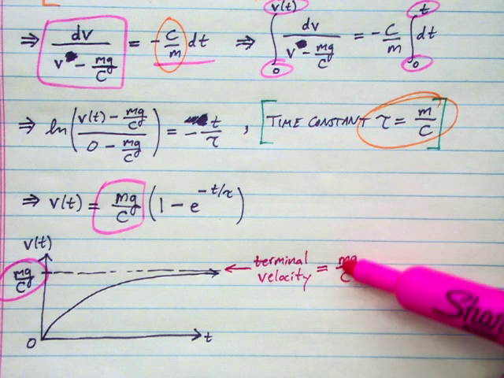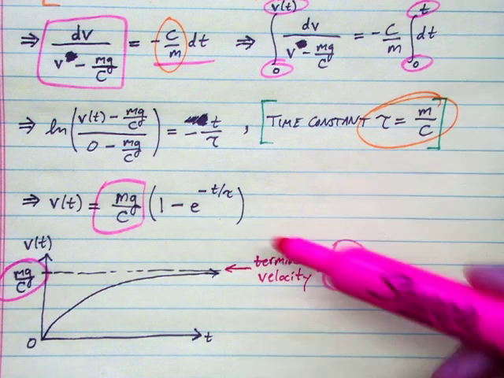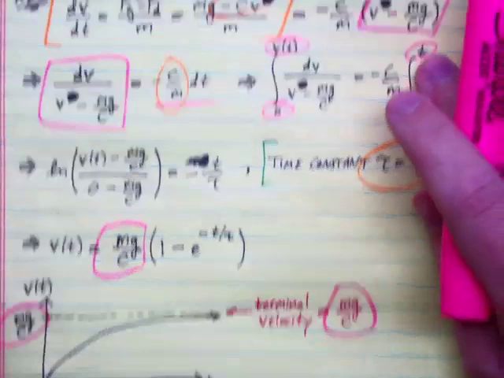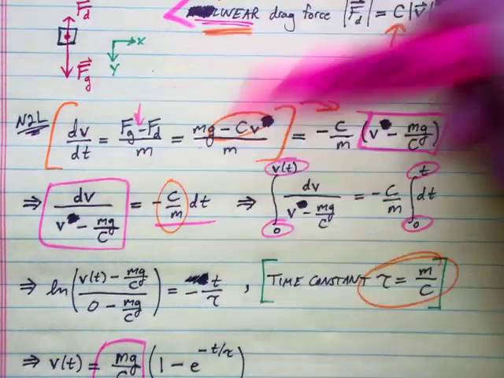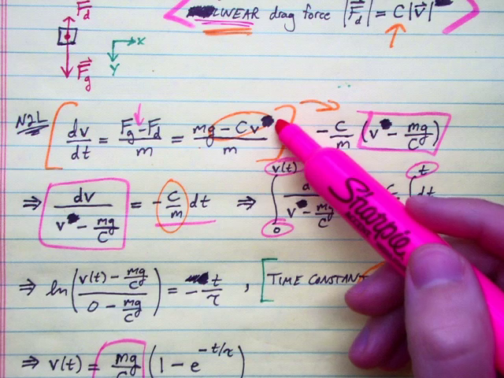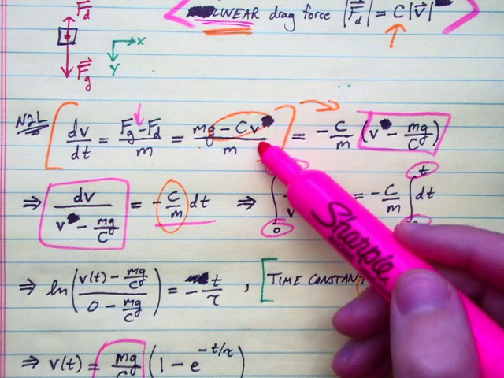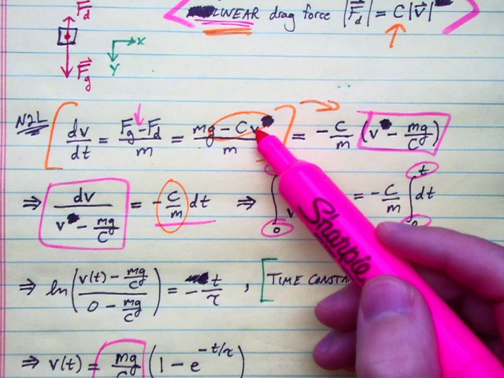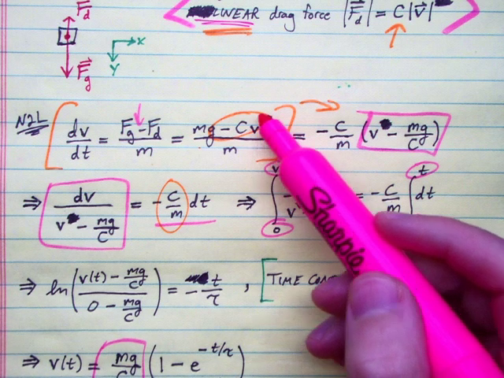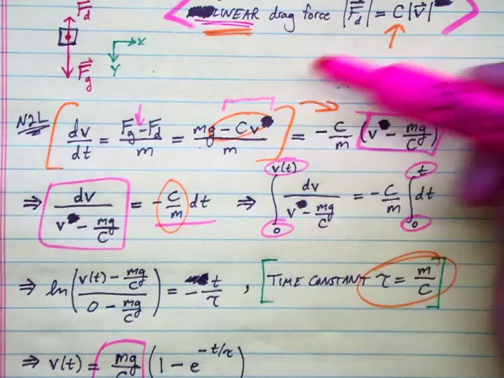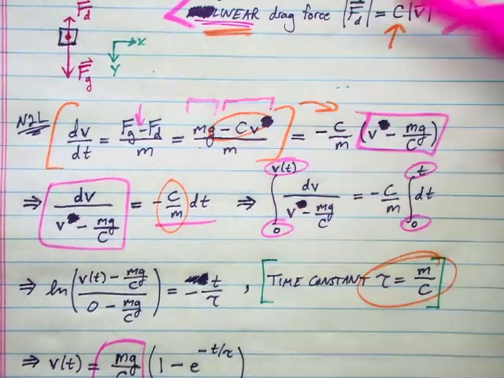But we could have predicted that this would be our terminal velocity without actually solving the differential equation. We could have gone all the way back here just to N2L and looked here. We can tell that as we're falling, v is getting bigger and bigger. So there'll be a point at which cv becomes as big as mg.